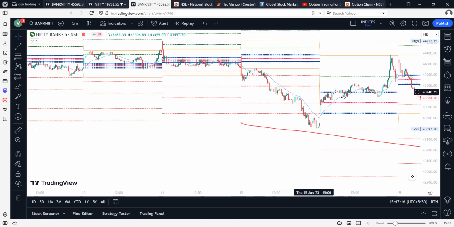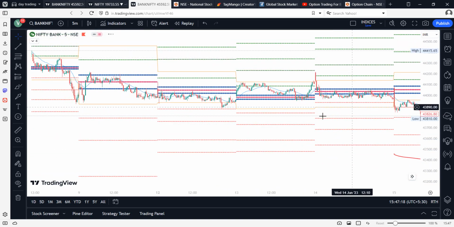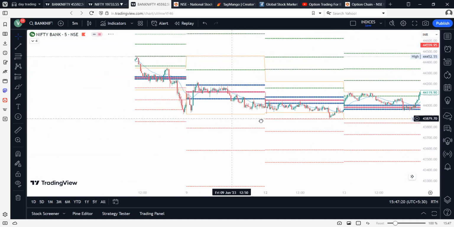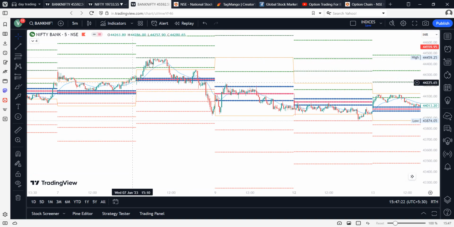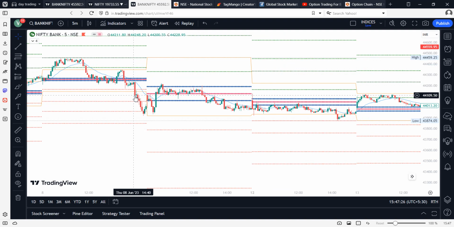In some charts, I will show you the trend change also. See, this is the day the trend has changed. It has closed below the R3. If it closes below S1, the trend has changed from uptrend to downtrend.